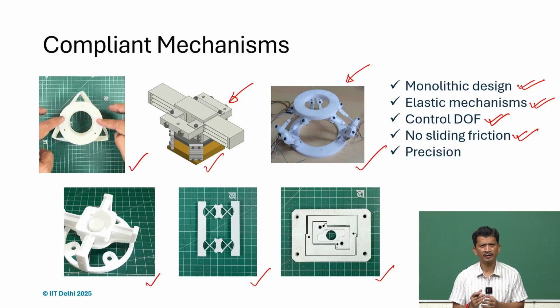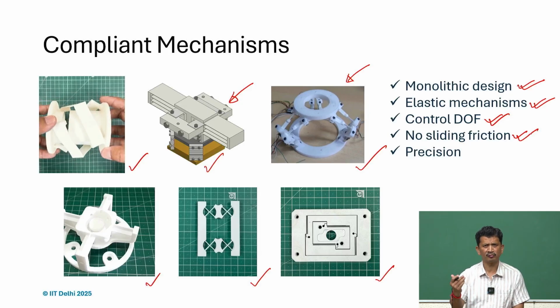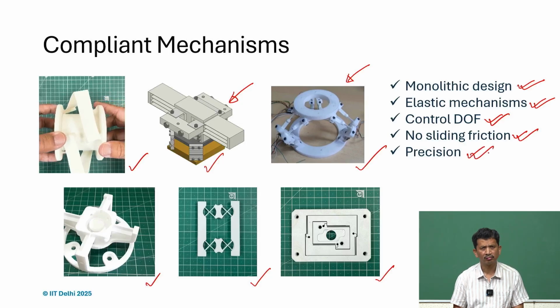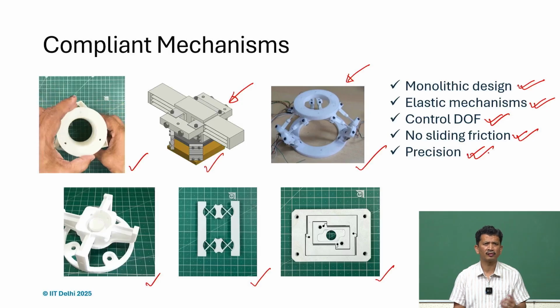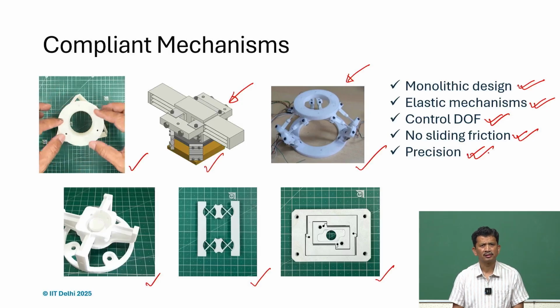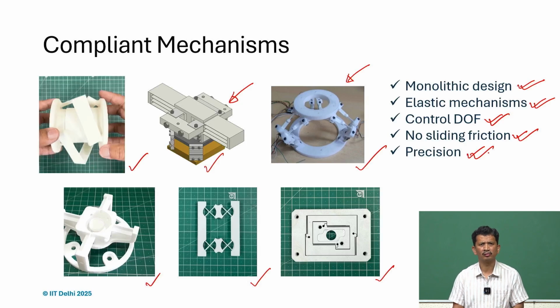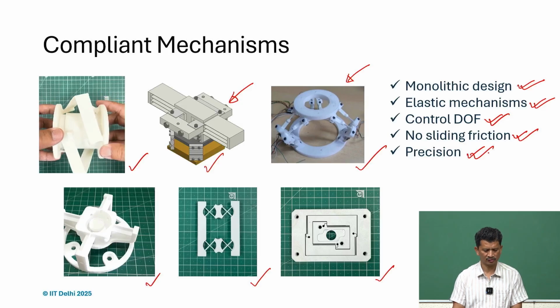Since it's an elastic mechanism, it can always come back. Therefore we can ensure higher precision, and that's why it's very important to understand how compliant mechanisms work and what their role is if we want to design precision systems for any application.